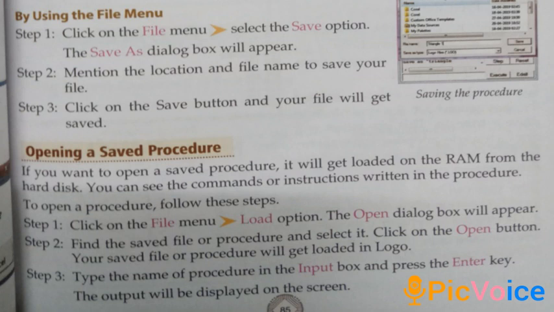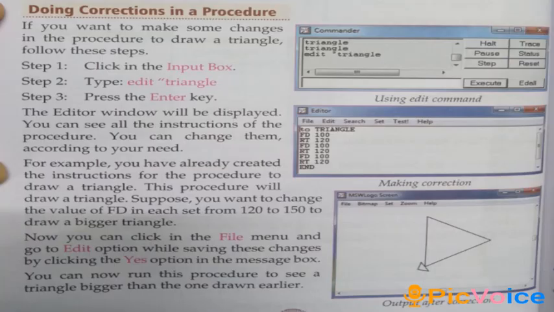Step 3. Type the name of the procedure in the input box and press the enter key. The output will be displayed on the screen. Page number 86. Doing corrections in a procedure.